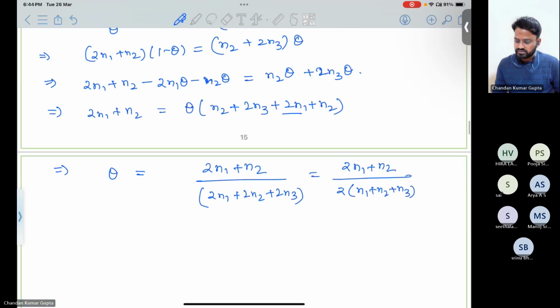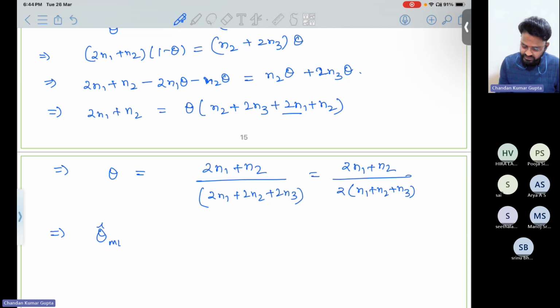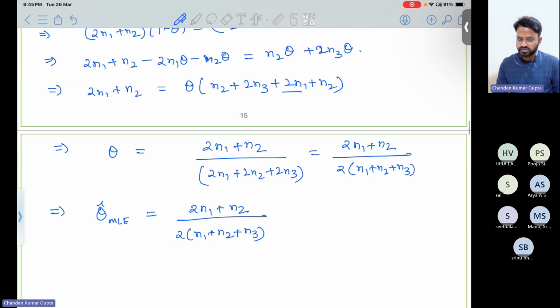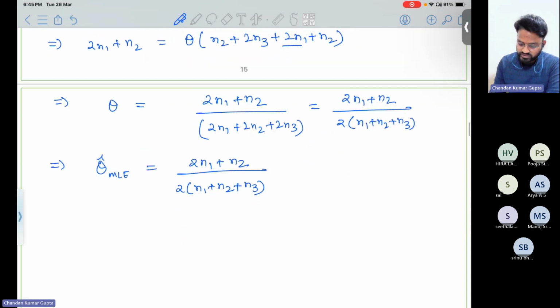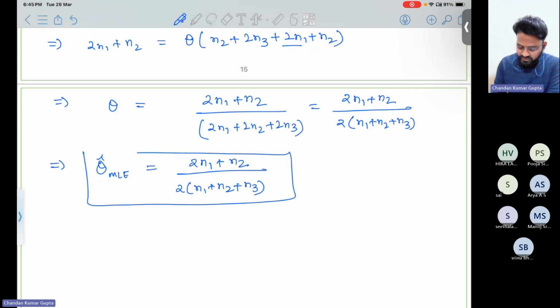So this is our MLE of theta: (2n1 plus n2) over twice of (n1 plus n2 plus n3). So this is our maximum likelihood estimate.